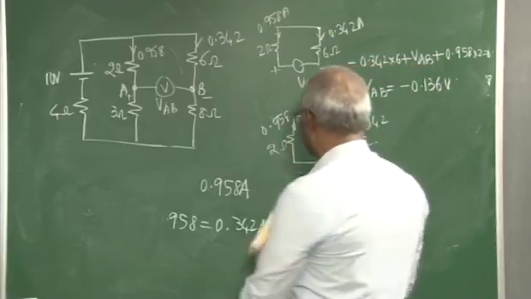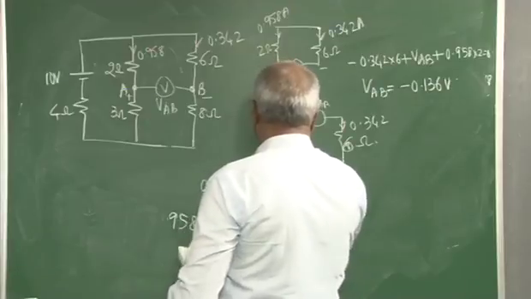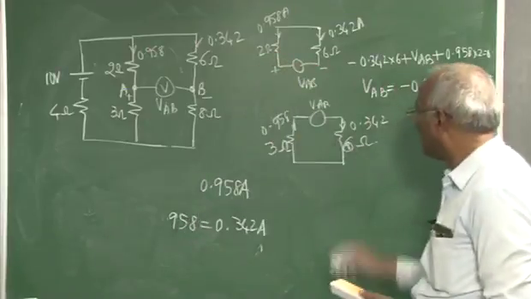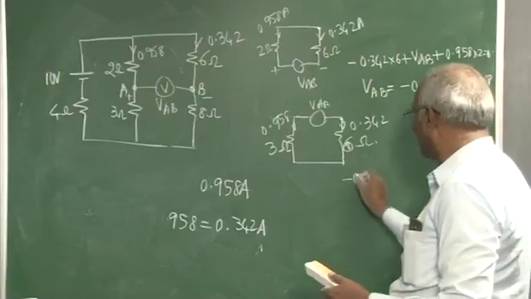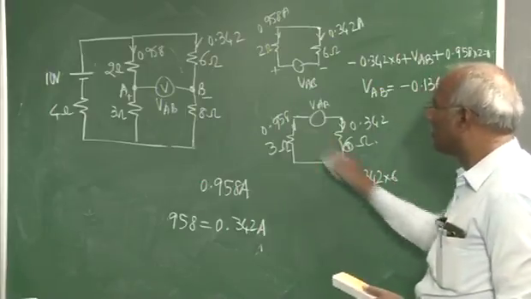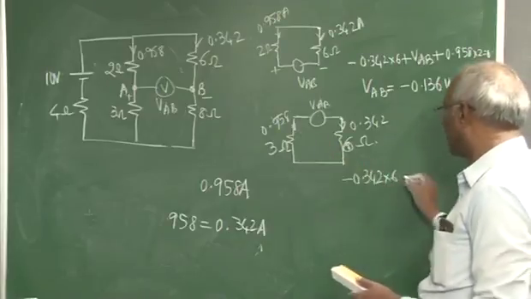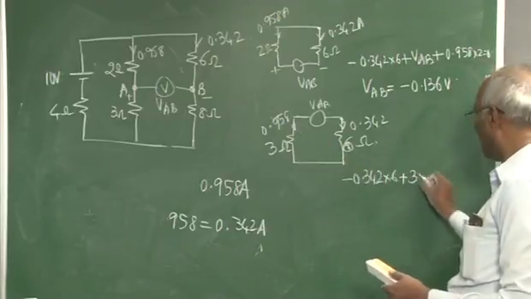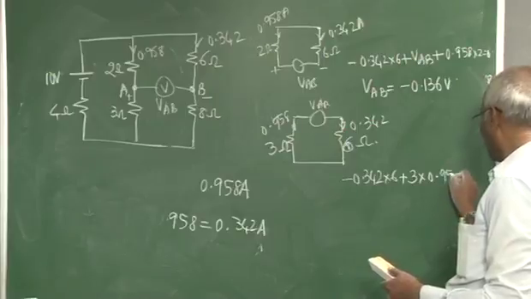This is 3 ohm. If I start from here, it is minus 0.342 into 6. As I go this way, I am going against the current, therefore plus 3 into 0.958.